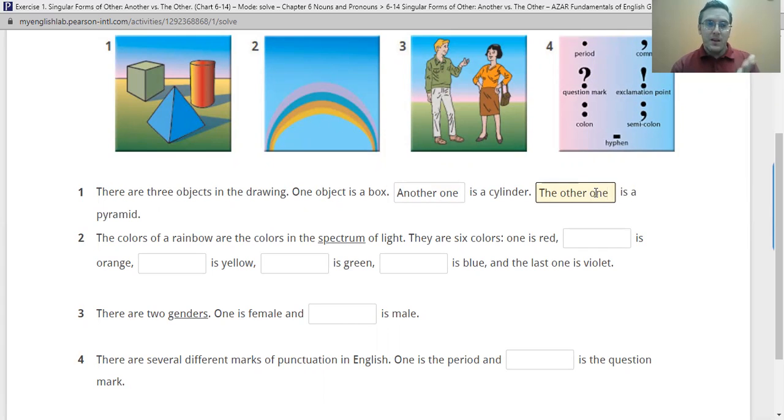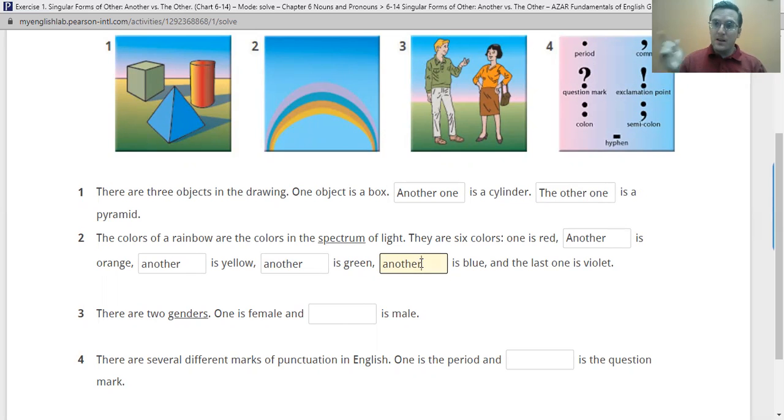Number 2, the colors of a rainbow are the colors in the spectrum of light. There are 6 colors. One is red, another is orange, another is yellow, another is green, another is blue, and the last one is violet.